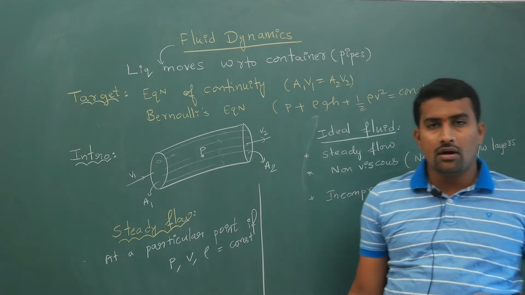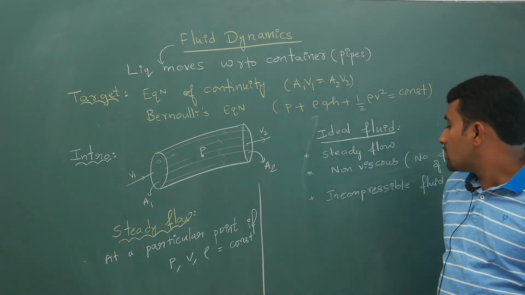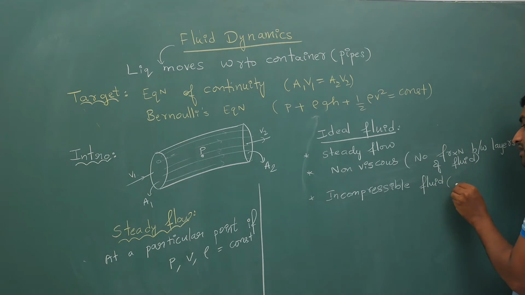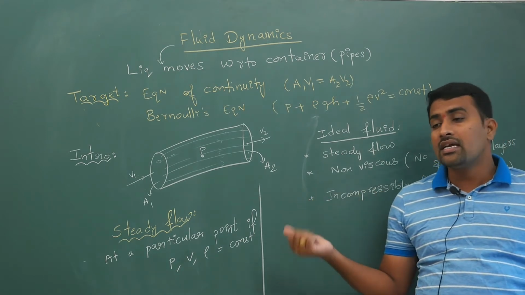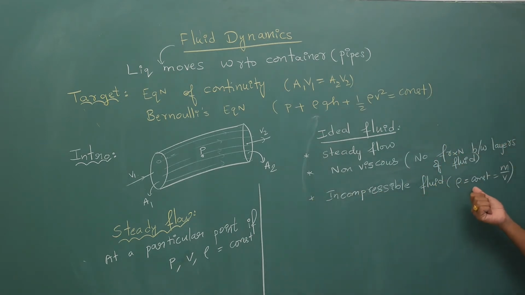Mass anyhow will remain constant, so incompressible signifies that your density is constant, because when you compress, volume will change. When volume changes, mass cannot change, so density will change in that case. But we are not going to consider compressible fluids. We are considering incompressible fluid, whose density will remain constant.